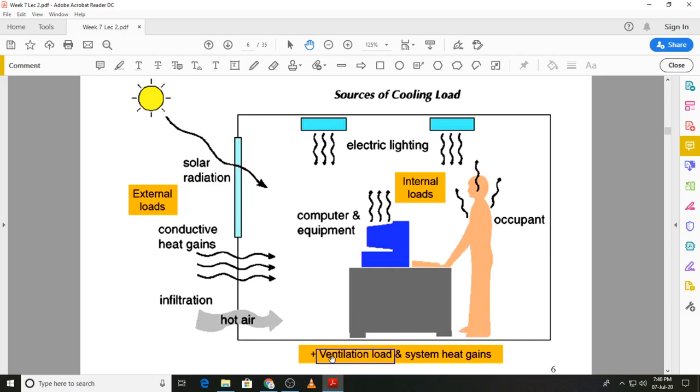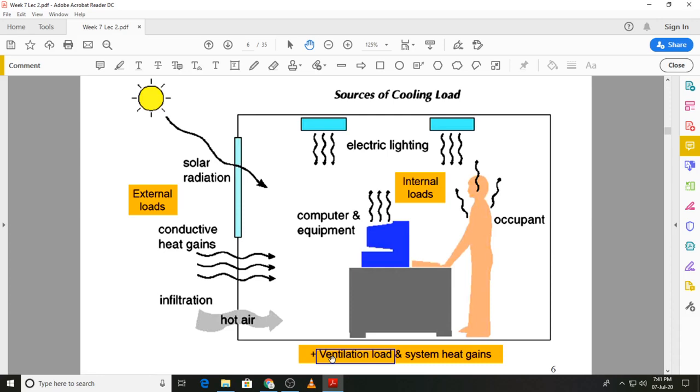When we were looking at the schematic representations of heating and cooling cycles, if you recall, we were using the outside air, part of it, to be mixed with the recirculated air, and the purpose of that is to maintain the desired indoor air quality, and that is what ventilation is. But when we bring the outside air, we have to cool it to the supply conditions.